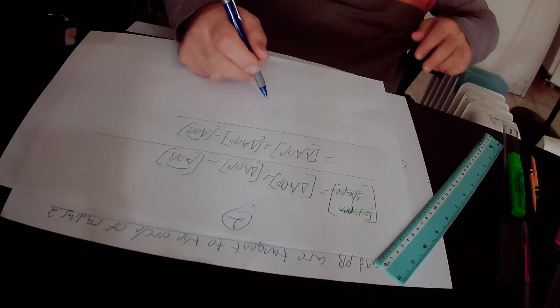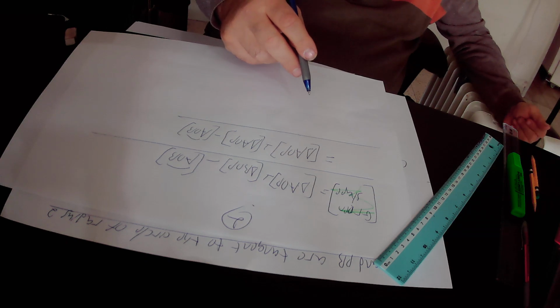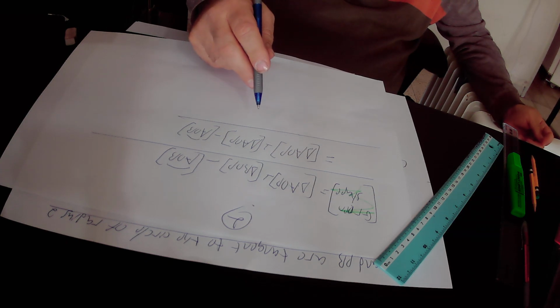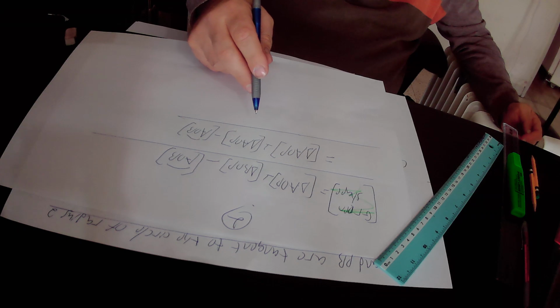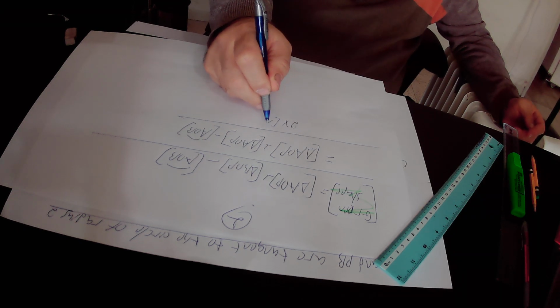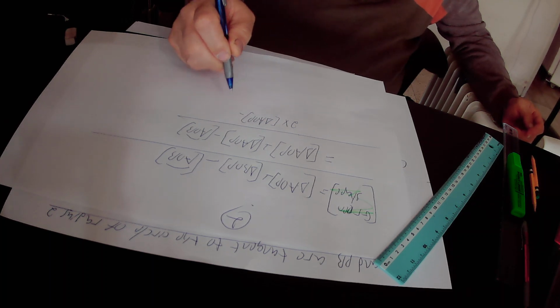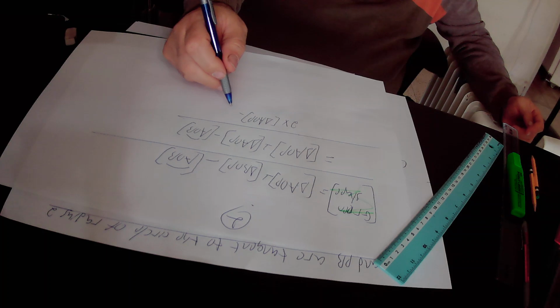So the area of the green shape in totality equals the area of the upper right triangle AOP plus the area of the upper right triangle AOP, that is 2 times the area of the upper triangle AOP, minus the area of sector AOB.